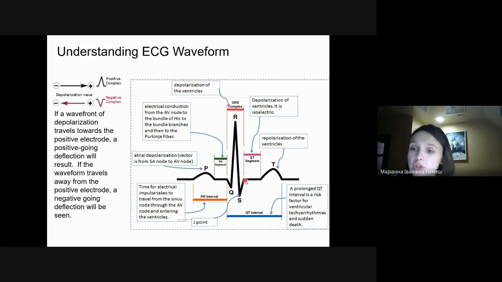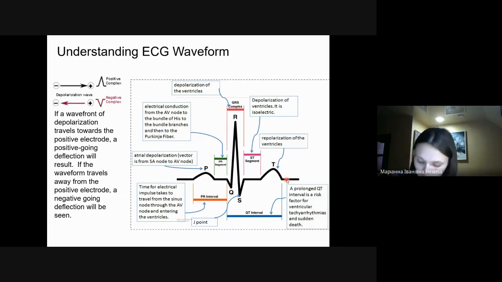After that, we measure the ST segment, which is isoelectric. The last wave, which is responsible for repolarization of the ventricles, is called the T wave.